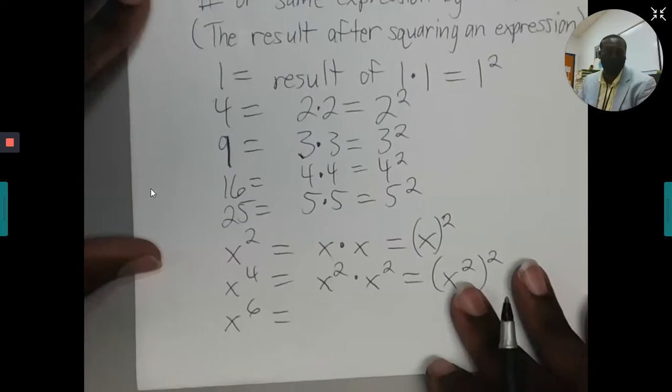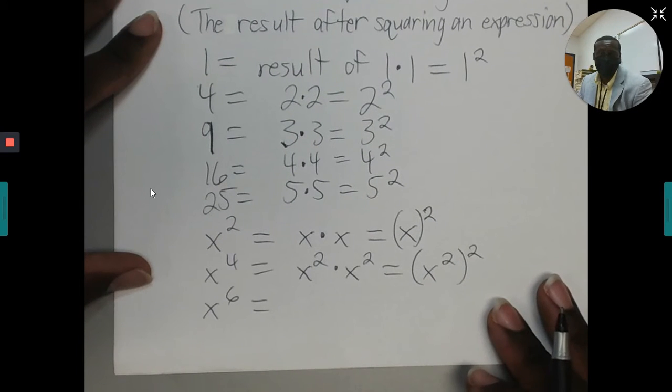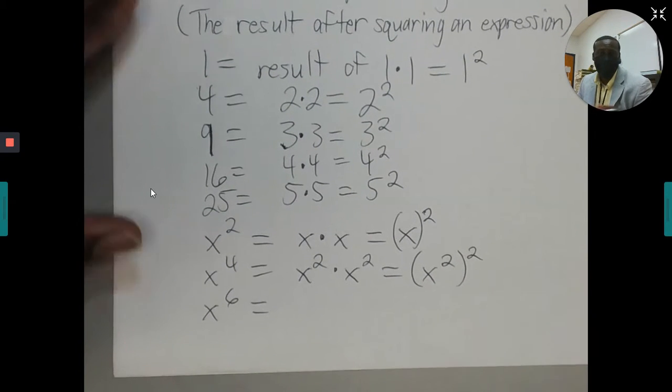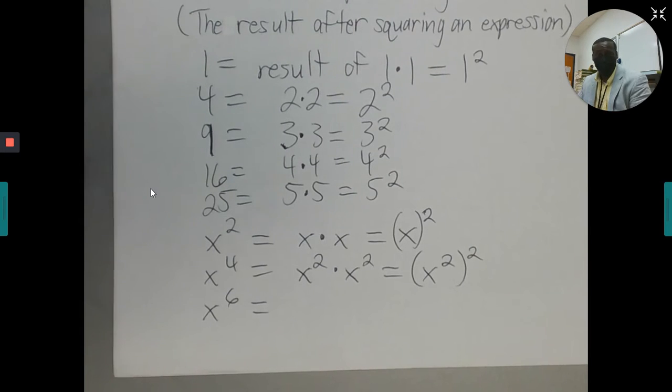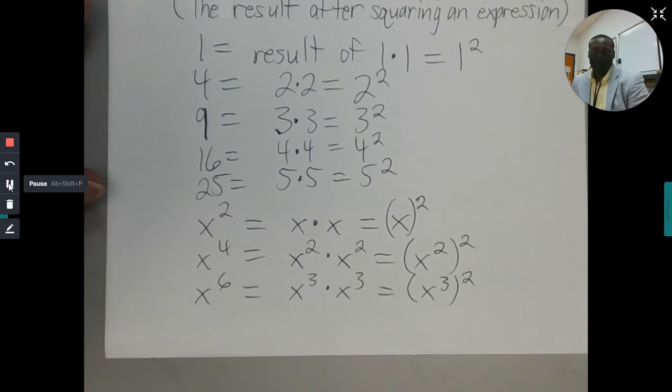In other words, if you have a variable expression and the exponent is an even number, like x squared, x to the 4th, x to the 6th, x to the 8th, it is a perfect square. And we can also have a combination of constants and variable expressions written all as one expression, and it's still considered a perfect square.